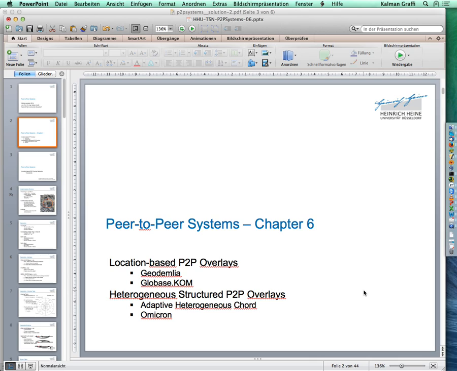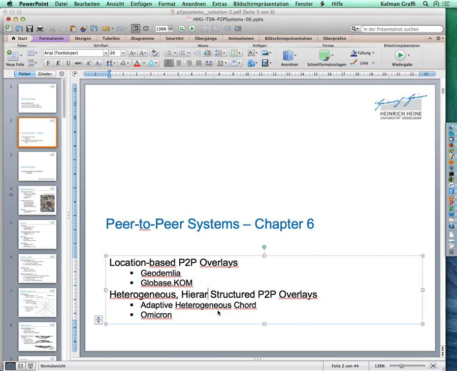So what was heterogeneous again in P2P overlays? Yes, that's true. So we have two concepts, so even here they are also hierarchical. So we have both nodes with different roles, and also we have layered overlays, where one overlay is on top of the other. That we will have a look at.